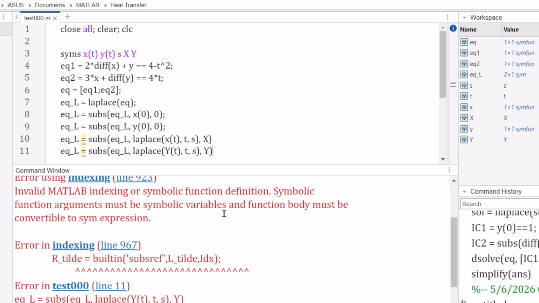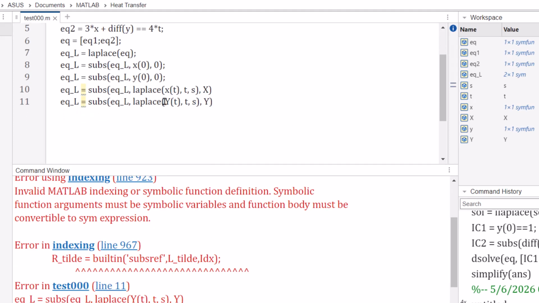So I run, and let me see what was the problem. Okay, it was small y.